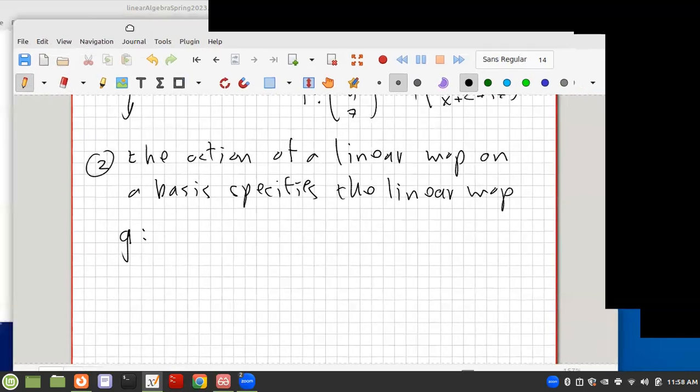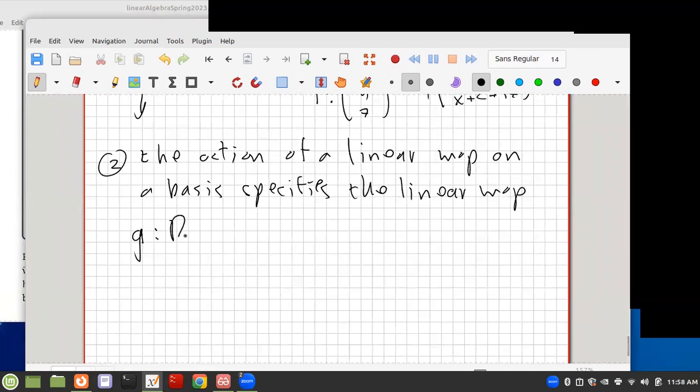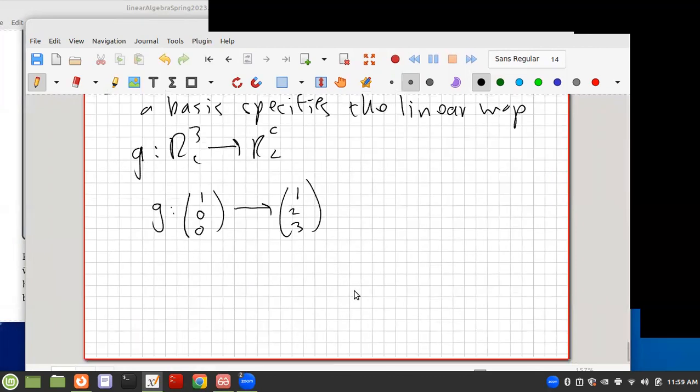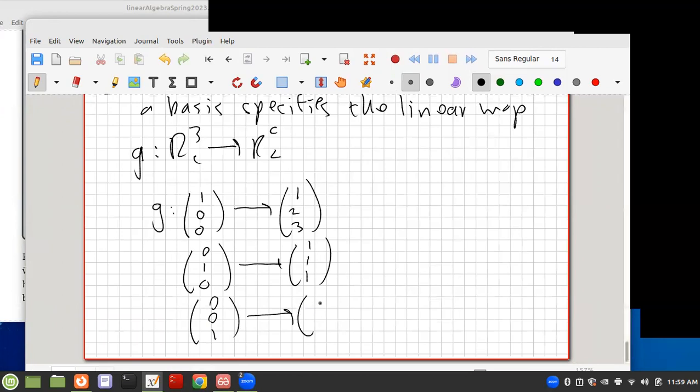What I'm going to give you is a map from R3 to R2, and I'm going to say, okay, G maps, let's take the standard basis, 1, 0, 0 to 1, 2, 3, and it maps 0, 1, 0 to 1, 1, 1, and it maps 0, 0, 1 to say 1, 1, 0. That's a basis action.